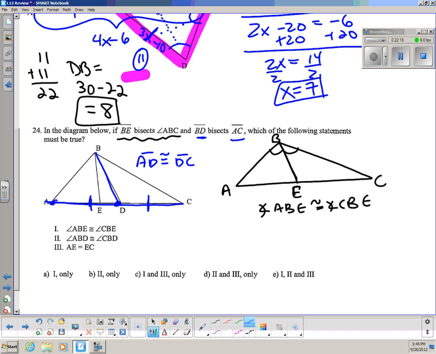I agree with that, based on this picture. 2 says angle ABD is congruent to angle CBD. Well, that's not necessarily true because I didn't say that DB was bisecting angle ABC. And then thirdly, AE and EC is not true because BE is not bisecting AC. So 1 only is the answer.